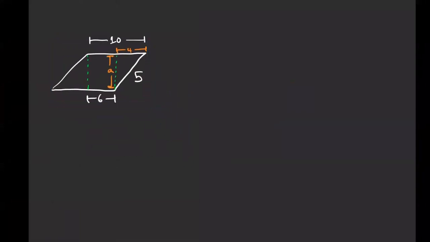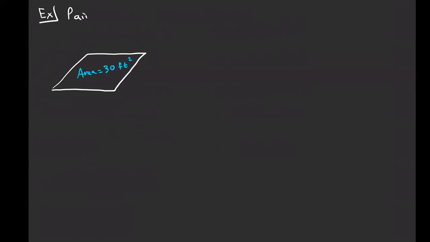Let's erase some of the things that we don't need here. So we've got that right there. I'll go ahead and label, hey, area equals 30 feet squared, 30 square feet. And our example here is paint the parallelogram.